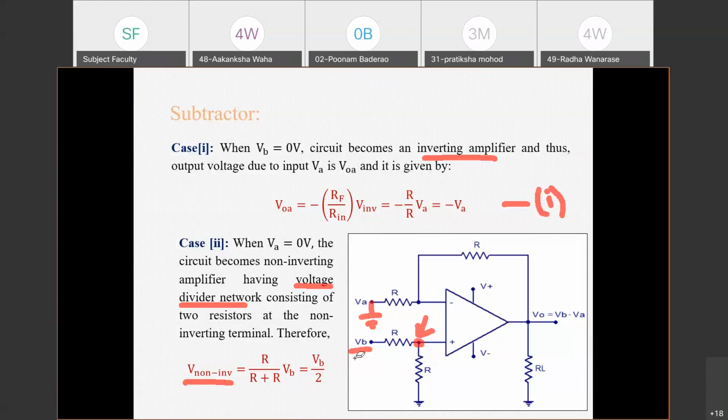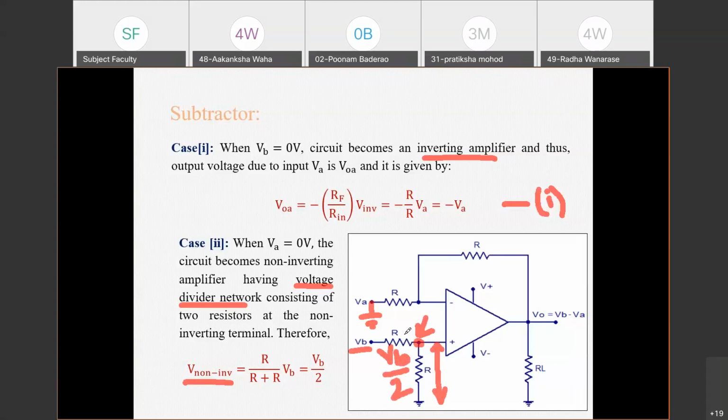since this is the total voltage. VB is your total voltage, which is the addition of the voltage drop across this R and the voltage drop across this other R. Since these two resistors are identical, both of value R, the complete voltage VB will divide across the two resistors as VB by 2.